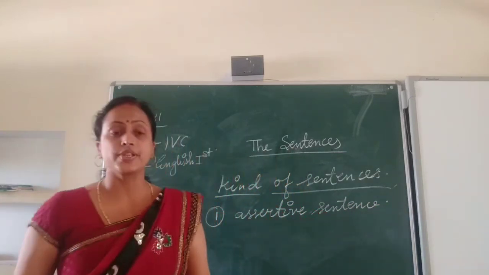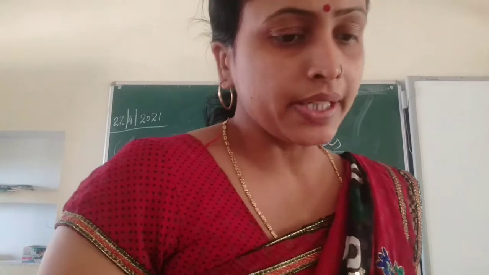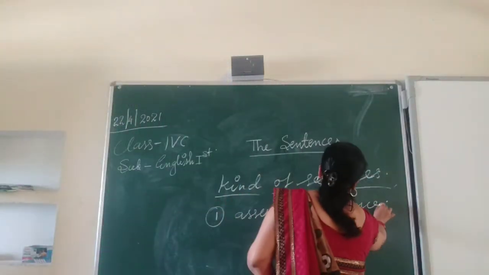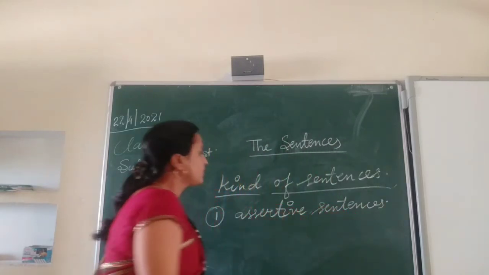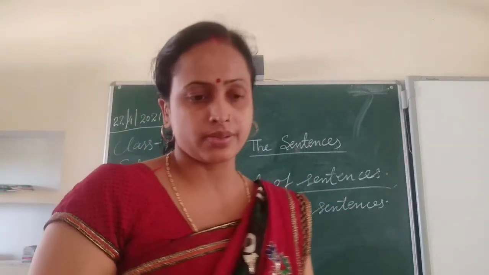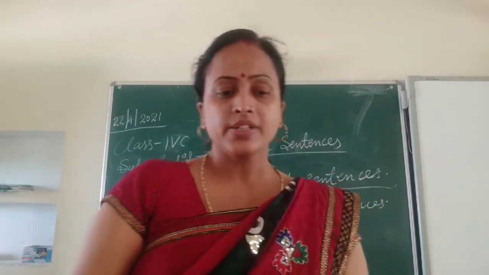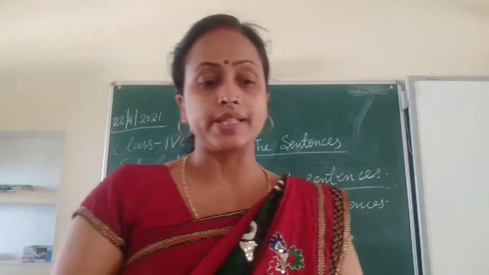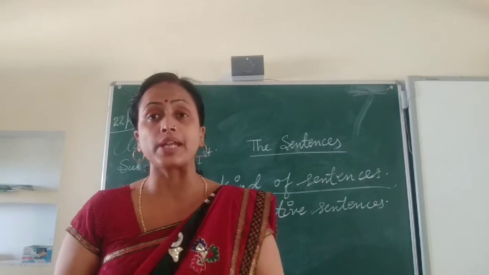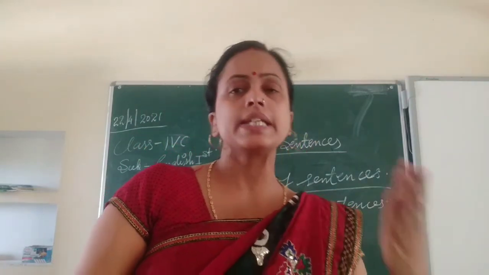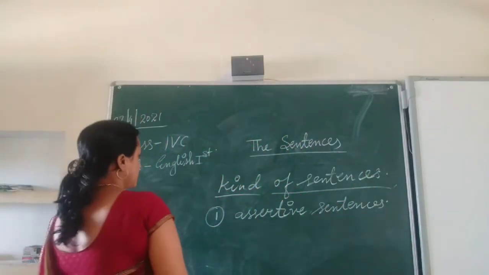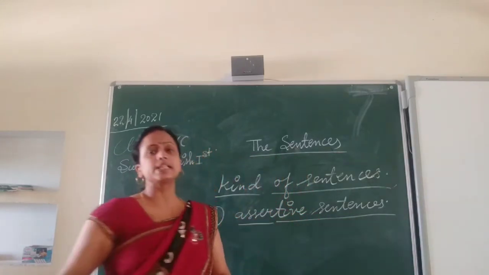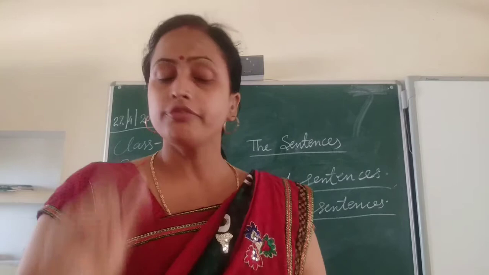I told you already, an assertive sentence tells a fact. An assertive sentence always tells a fact, and it always ends with a full stop. It expresses a statement to tell a fact and ends with a full stop.